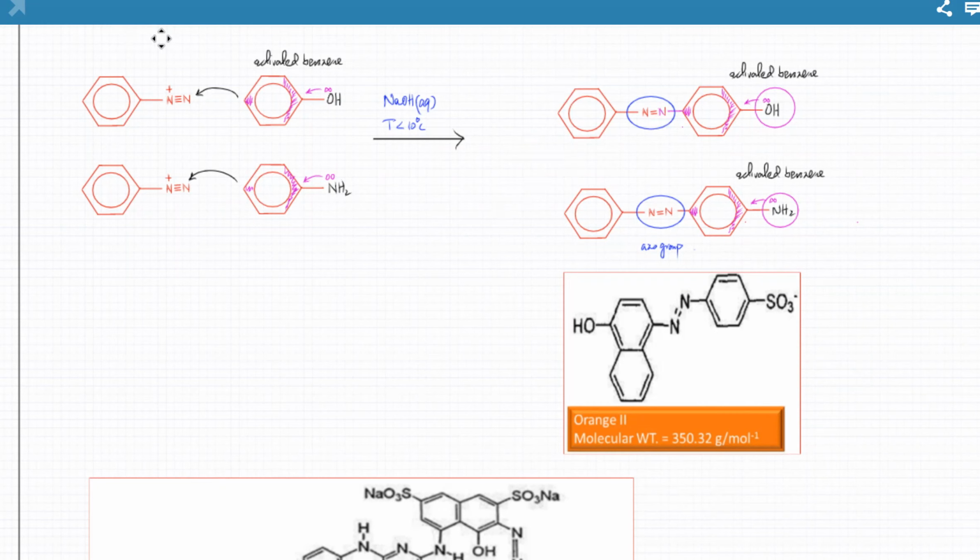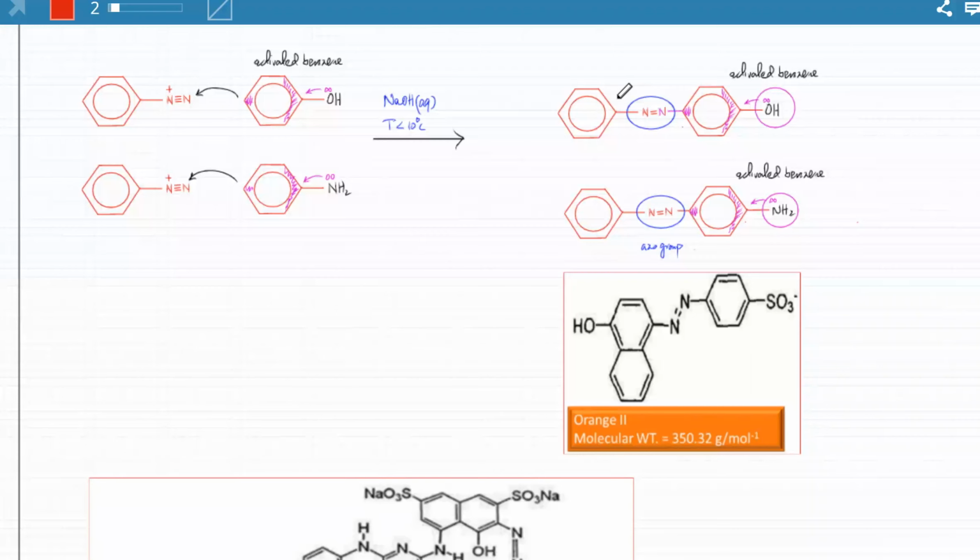When you think about it in reverse, you've got an azo dye with an azo group in the middle. The original reactants would include one activated benzene. The N triple bond N+ will not be with the activated benzene. It would be coming from the other benzene.